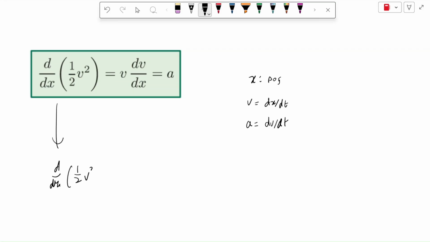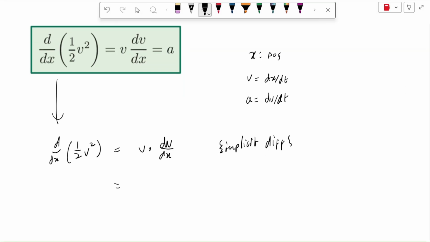So half v squared, and we're differentiating this with respect to x. So what that gives you is, well, you got 2 lots of a half v, so you just do the normal derivative. So in other words, that's just v. And then you've got to differentiate with respect to v, so dv dx. So almost as a one-line proof, just using implicit differentiation, that first pair is true.